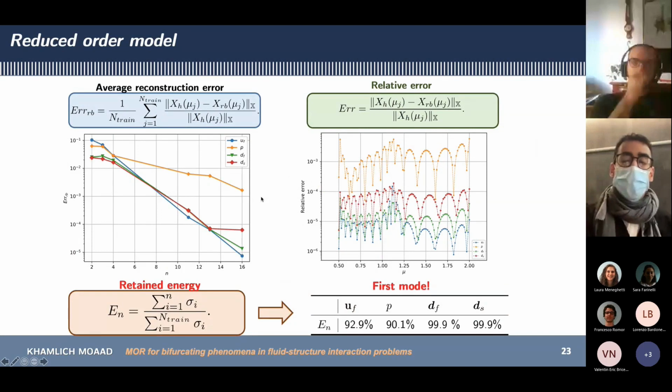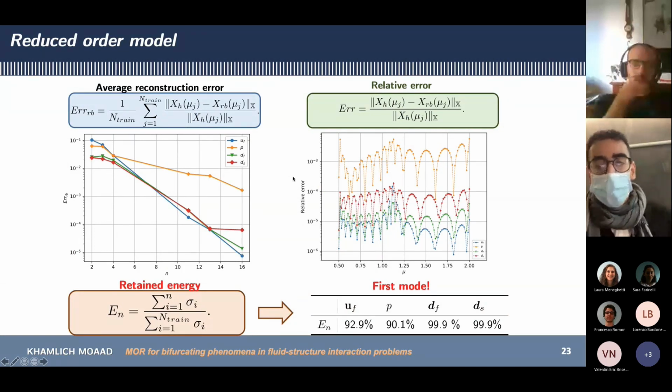So from a ROM model point of view, in order to recreate the previous FSI problem, we conducted a proper orthogonal decomposition on each of the unknown fields, and the average reconstruction error as a function of the number of bases is the one on the left.